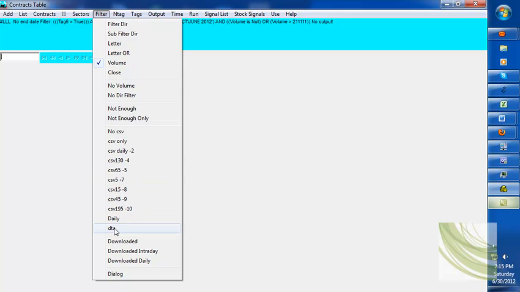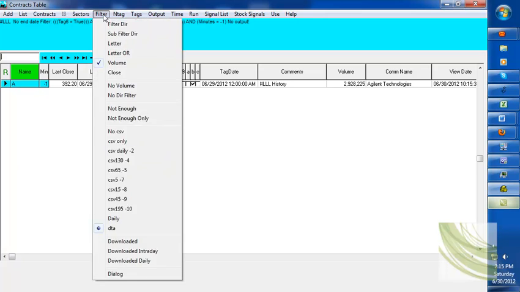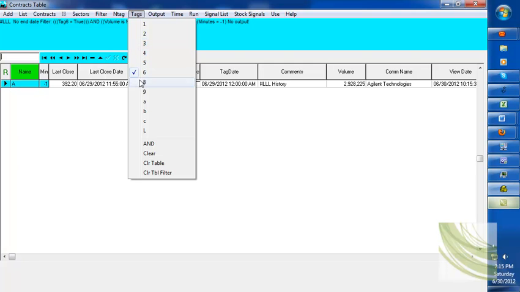Check this one here, and we're not going to do the letter A only. We're going to do more than that. So we'll uncheck this, and there's no manual for this thing, by the way, folks. But it's not hard once I show you how to do it, because I've been using this for years.